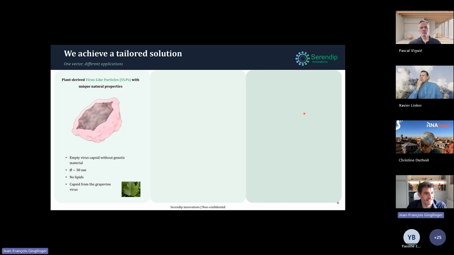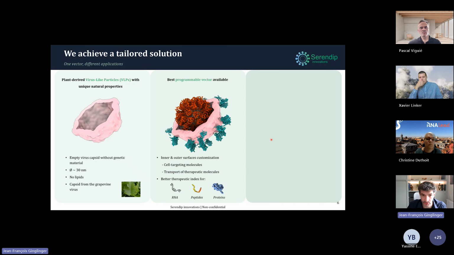So what is it exactly? It's a plant-derived virus-like particle. It's 30 nanometers in diameter, has no lipid on its surface, and it actually comes from a grapevine virus originally. As I just mentioned, it's programmable simultaneously on the inner and outer surfaces, and it can transport RNA, peptides, and proteins.